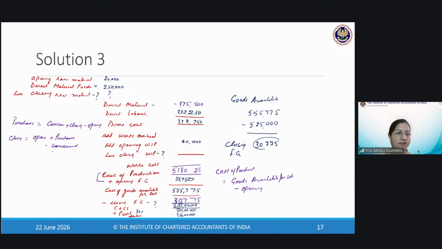Purchases plus opening minus consumed. So opening is 20,000, purchased is 2,50,000, and consumed is only 1,75,500. So this means your raw material closing stock is quite high: 2,50,000 plus 20,000, 270 minus 175,500 consumed. So your closing stock of raw material is quite high as 94,500.